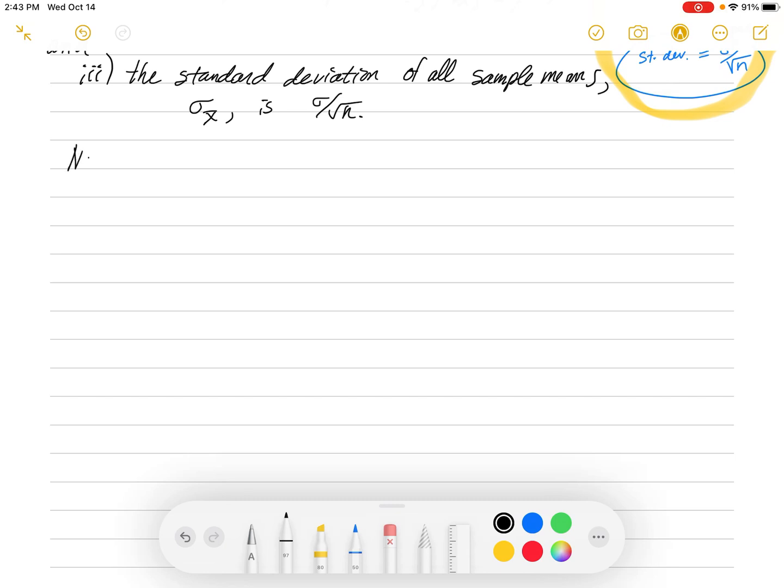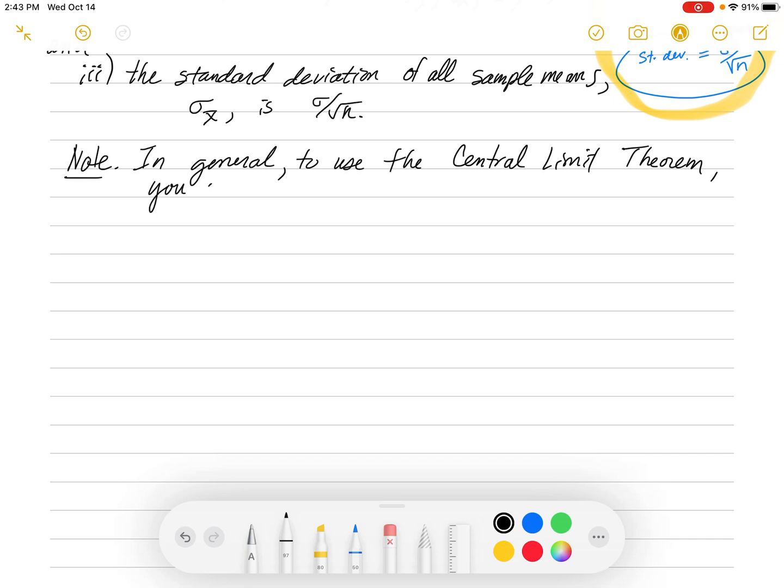So in general, let me just put another note. In general, to use the central limit theorem, you need a large enough sample size, a sufficiently large sample size.